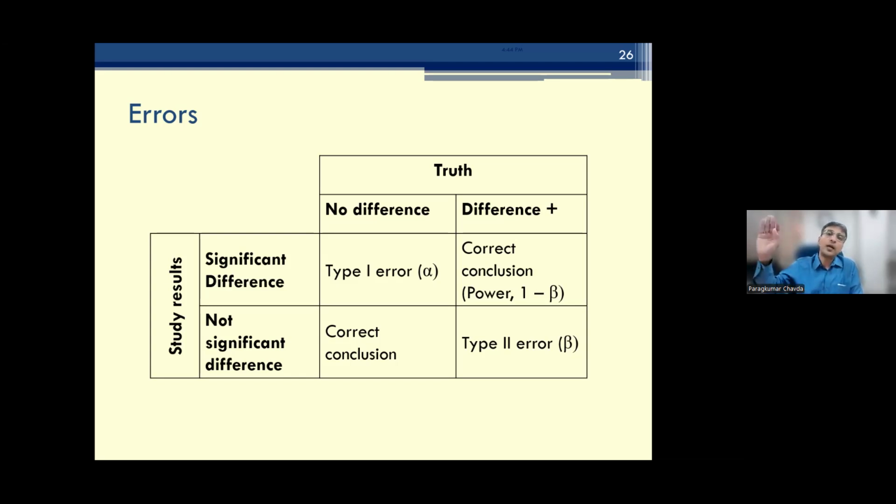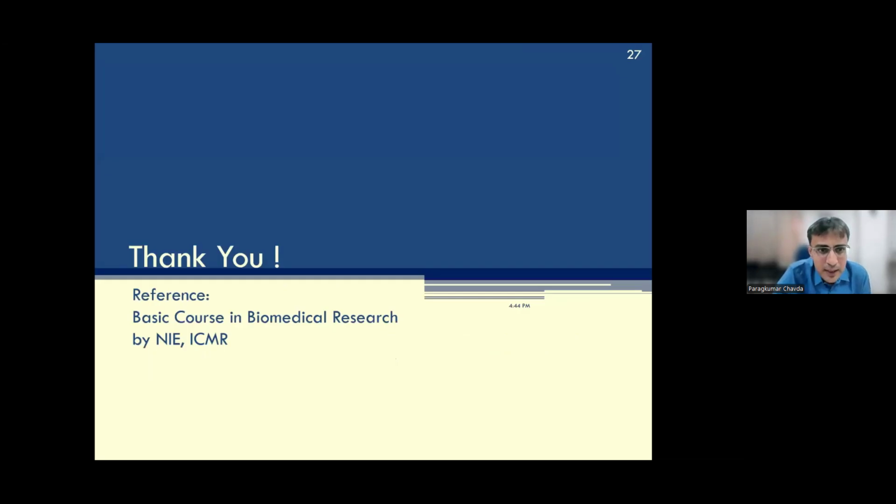So the upper right quadrant and lower left quadrant is what the software would ask you to determine when you are calculating sample size for analytical studies comparing, let's say, two different groups. So I guess this is largely what I wanted to cover within the limited time today with regard to how we describe and select the study sample, the people on whom we wish to do the study.